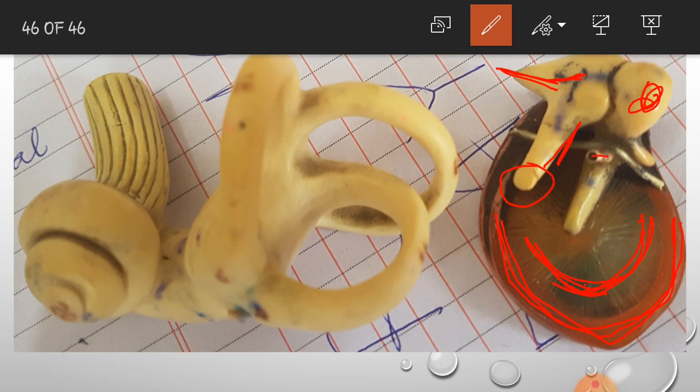Then this is the tendon of the tensor tympani muscle attached to the handle of the malleus. Then this nerve that passes from the medial aspect of the handle of malleus is the chorda tympani nerve that passes through this.